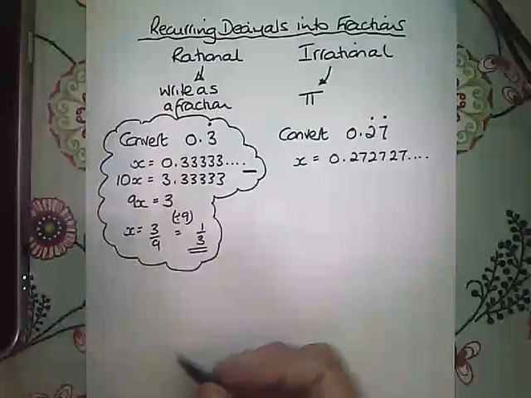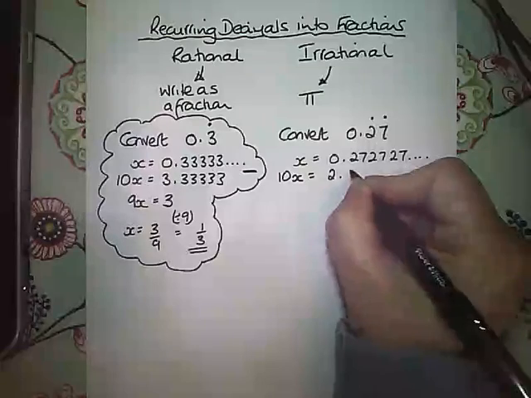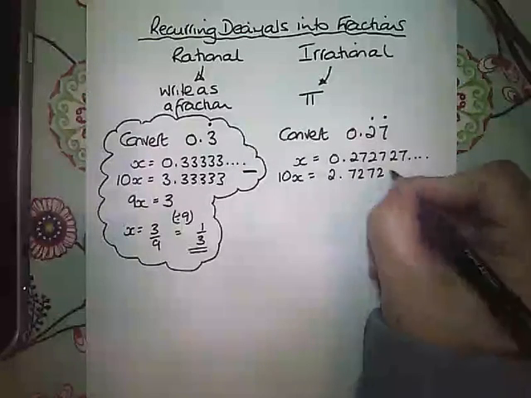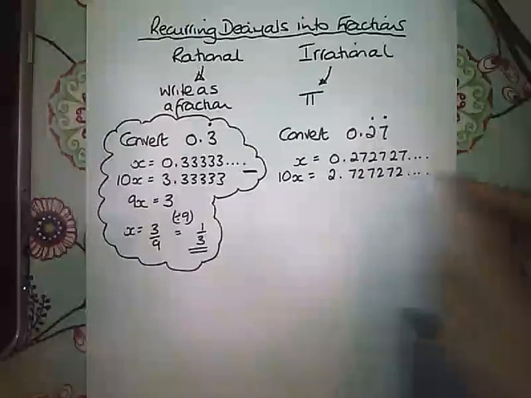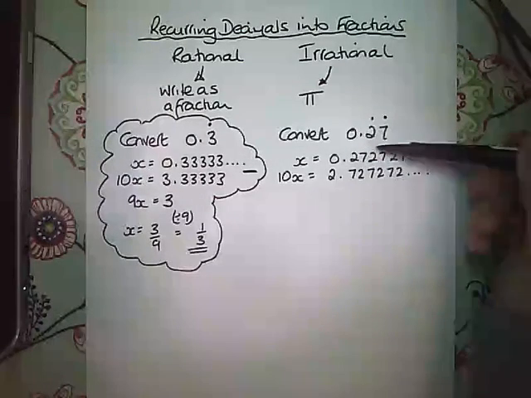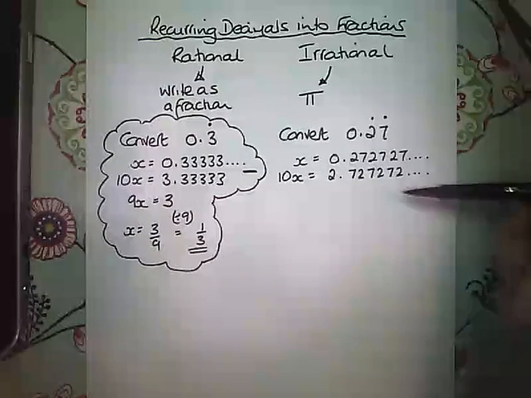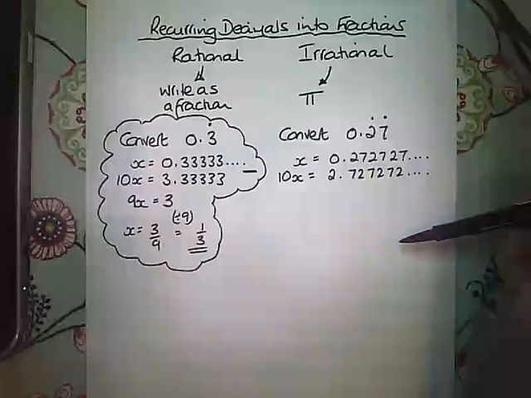Times it by 10. 10x equals 2.727272. But you can see now that the decimal places do not match up with each other. So if we subtracted one from the other, they would not disappear. You would still have a recurring decimal.